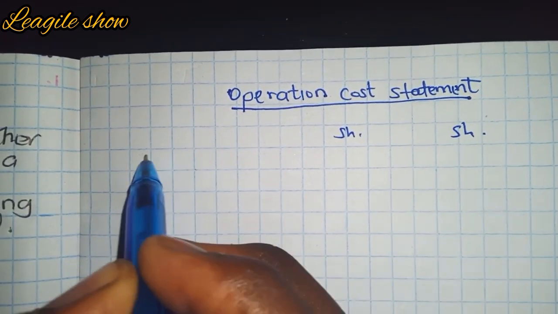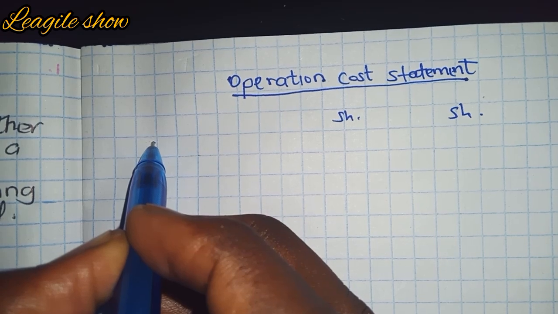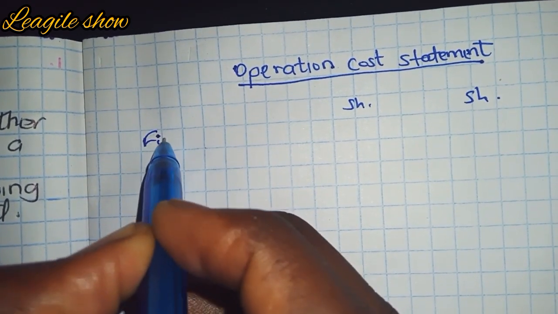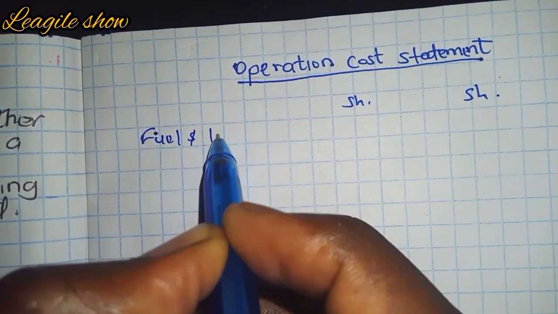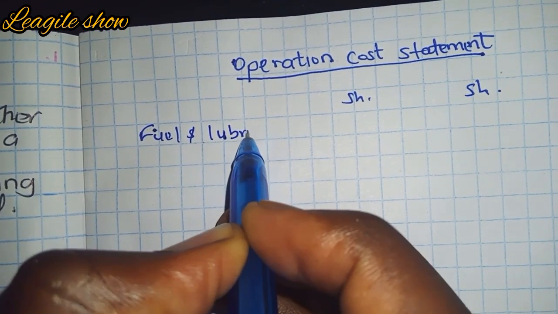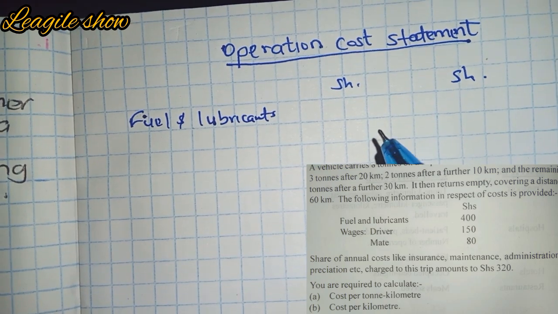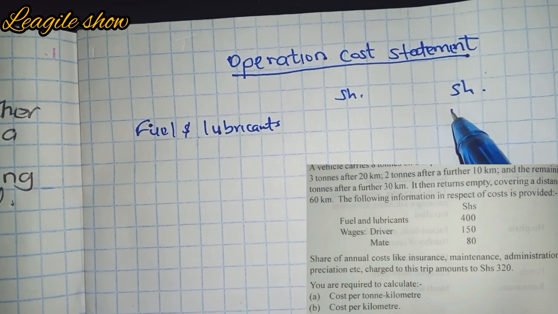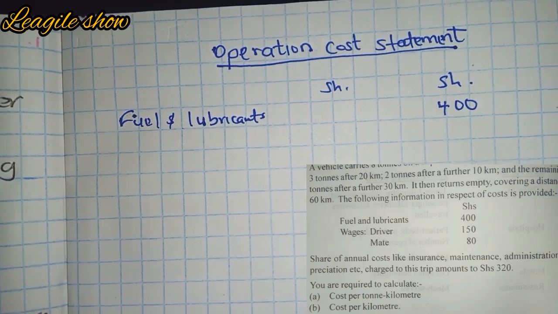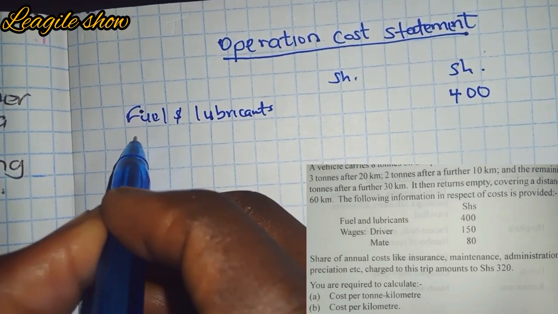Let us start with what you are given in the question. We start with the fuel and lubricants. These are things which were used on the trip, and we were told it cost 400 shillings. Then also we had wages.